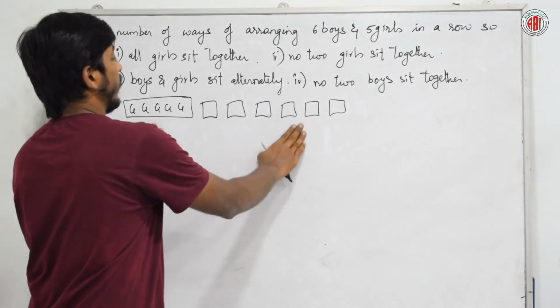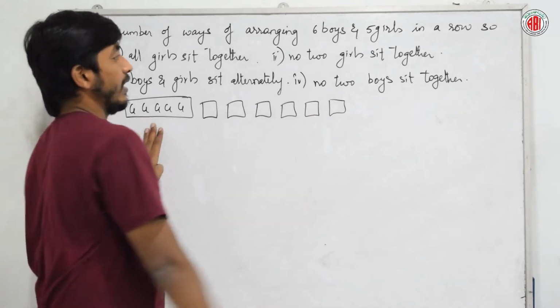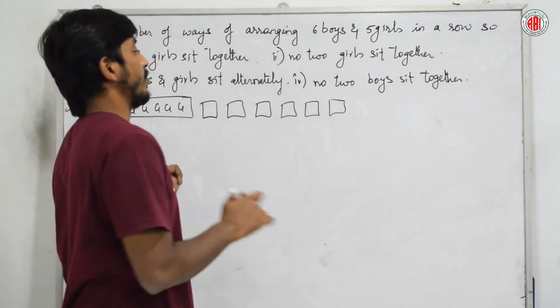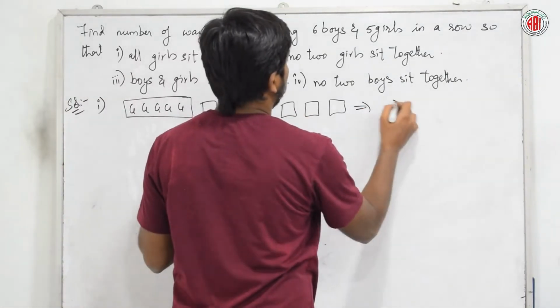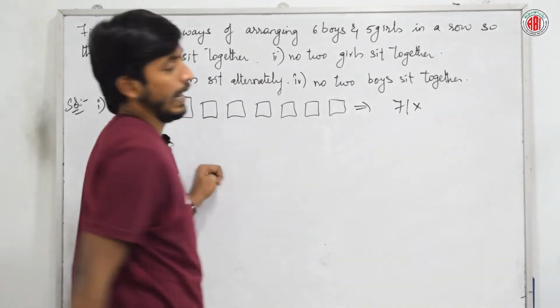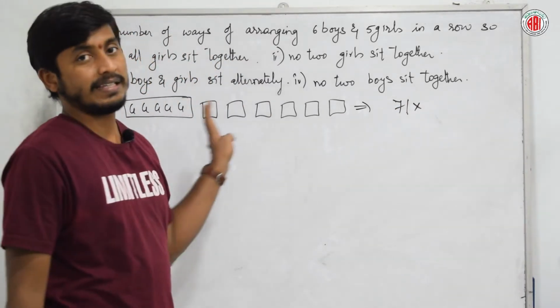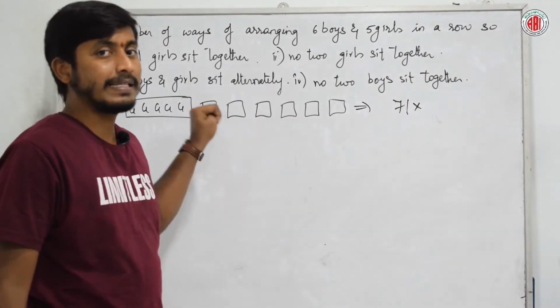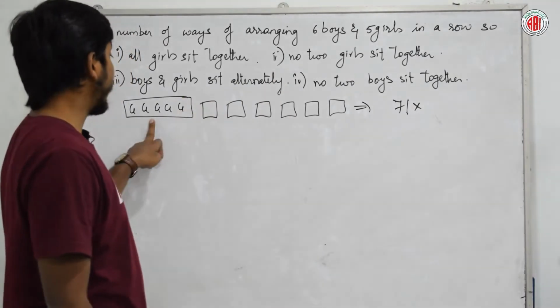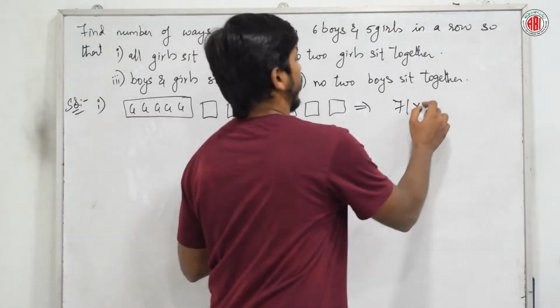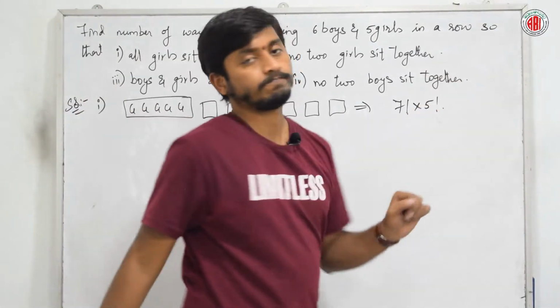We have 7 places and 7 objects, obviously the answer will be 7 factorial. And inside this box we can arrange the 5 girls themselves, so obviously it is 5 factorial.